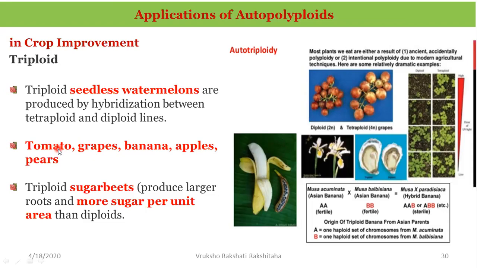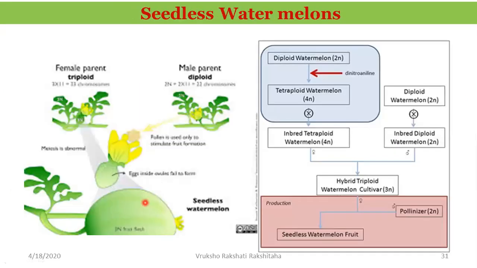So you have triploid tomatoes, triploid grapes, bananas, apples, and pears. Similarly, we have triploid sugar beets. These beetroots have more sugar per unit area as compared to the diploid.